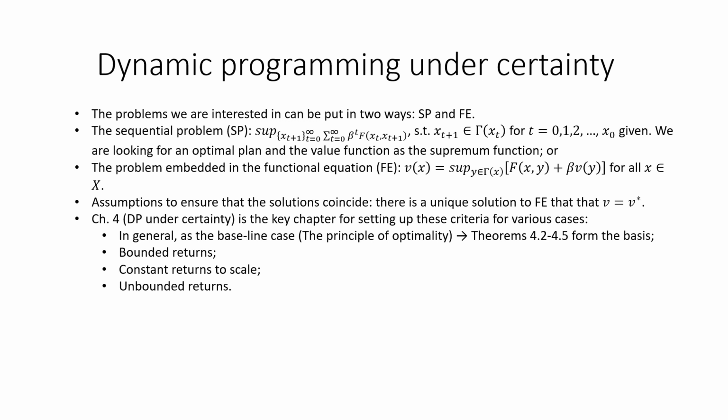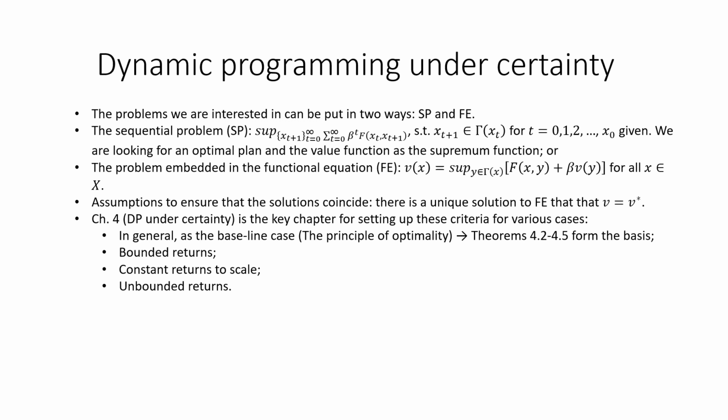So shortly put, we need to clarify the assumptions by which we will have one unique solution to the functional equation, which is the same as the supremum function of the sequential problem. It's not too difficult to realize that the supremum function of the sequential problem is unique.